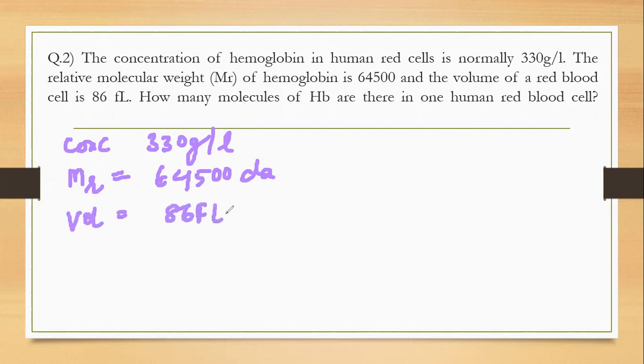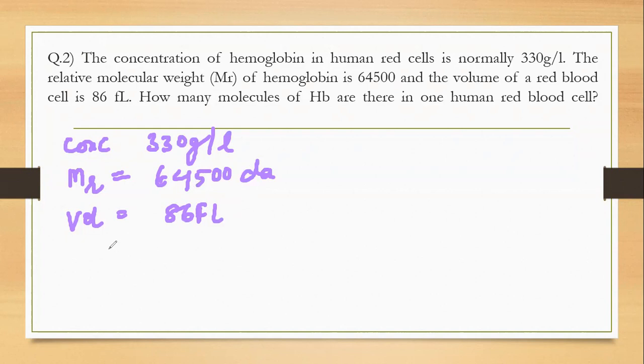Now, how many molecules of hemoglobin are there in one human red blood cell? We just calculated how many RBCs there are. Now they are asking how many molecules of hemoglobin are present in one RBC. So how will we calculate this? Very simple.